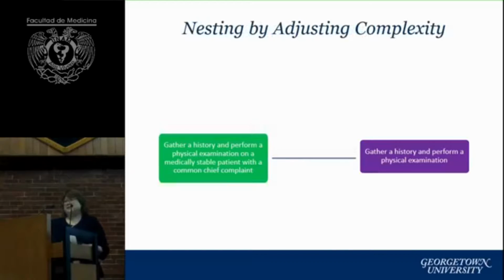Another way to nest, which we did at the University of California, San Francisco, where I used to work, was to say we can adjust the complexity. I used to direct a doctoring course for first and second year medical students where they're just beginning to learn to talk to patients. And so we established an EPA for early medical students saying that they need to gather a history and perform a physical on a medically stable patient with a common chief complaint, right?